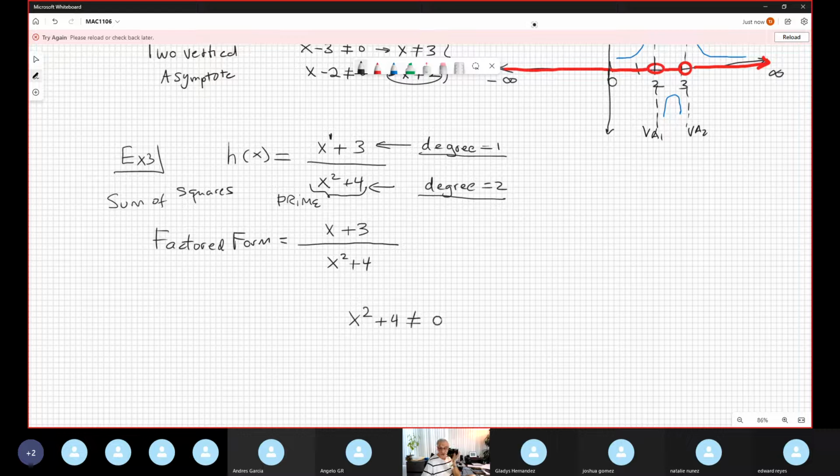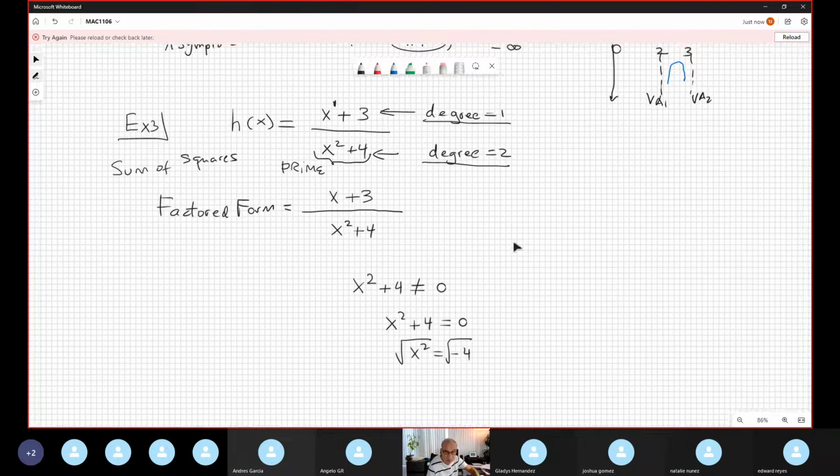I know it's illegal, because it's to be undefined. So you try to solve this quadratic equation. Temporarily, to understand much better, you replace this symbol with equal, because I am more comfortable solving an equation. Let's say you move the 4 to the other side, like a negative 4, and apply the square root principle, similar to what we have been doing.